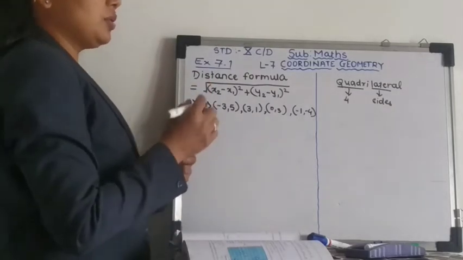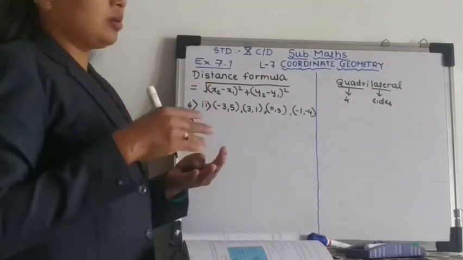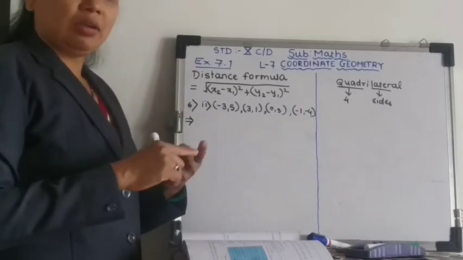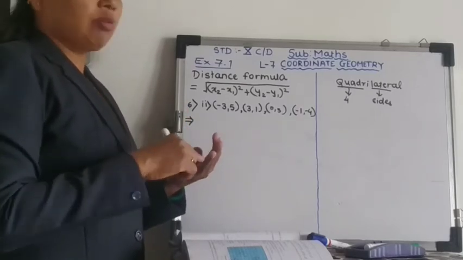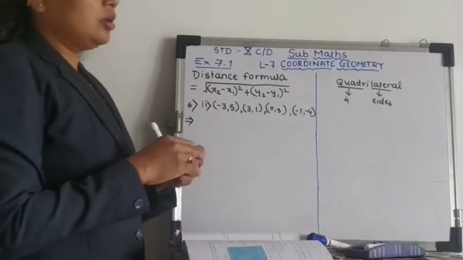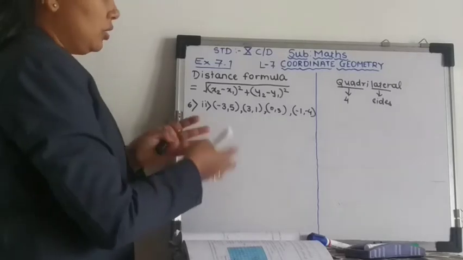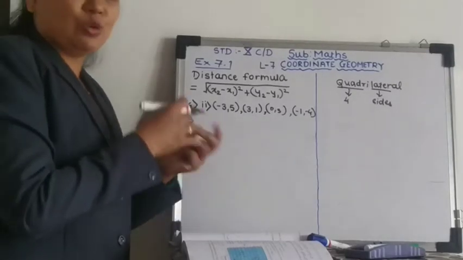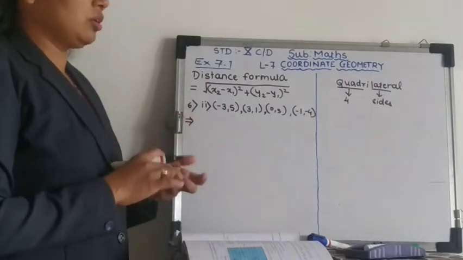We have seen various kinds, such as square, rectangle, rhombus, trapezium, parallelogram. We will check which quadrilateral it follows.